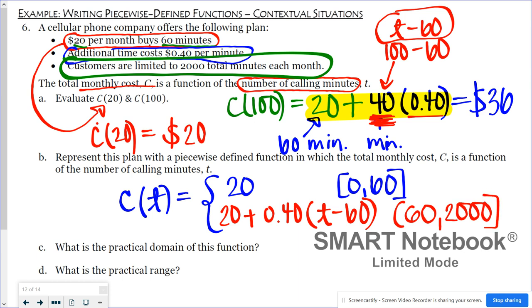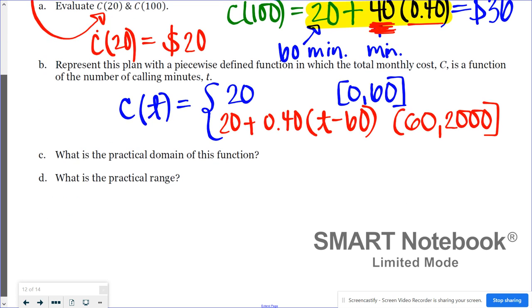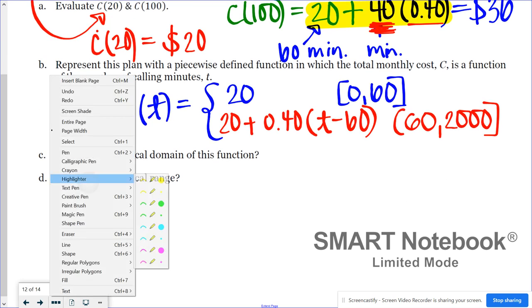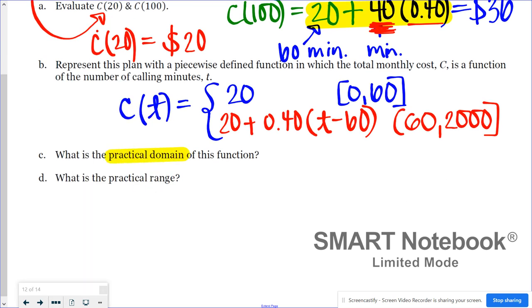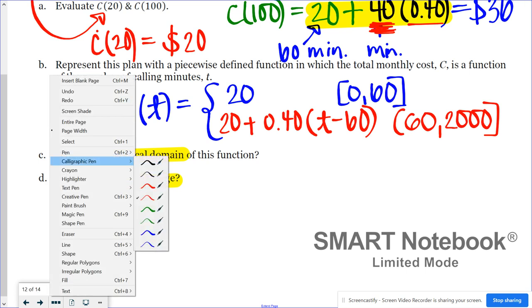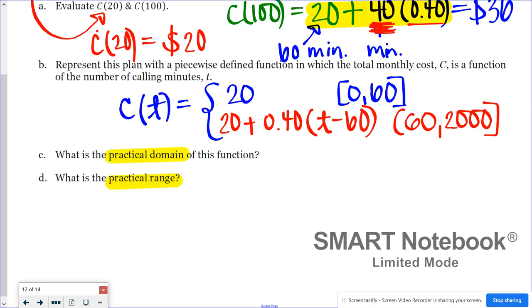So parts C and D talk about something called practical domain and practical range. Well, as you know, domain is describing the x values of a function. The x values in this function is t, so the time. So if we think of the time involved here, look at our two smaller domains.